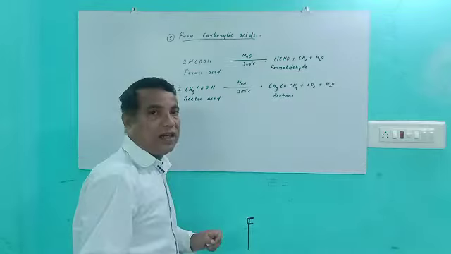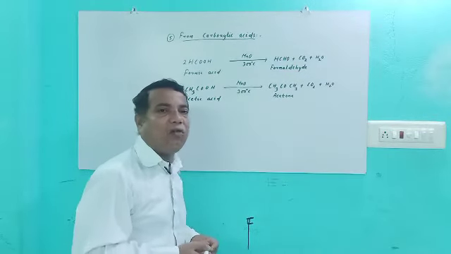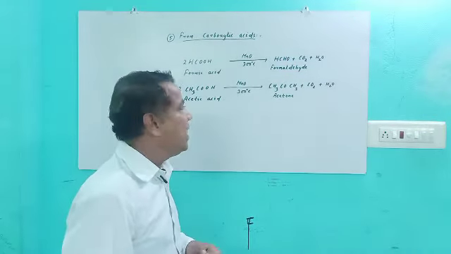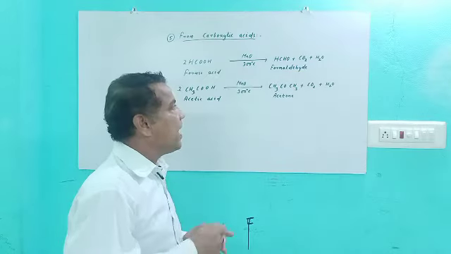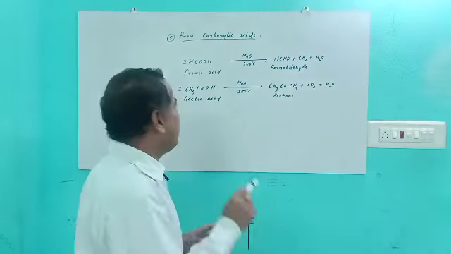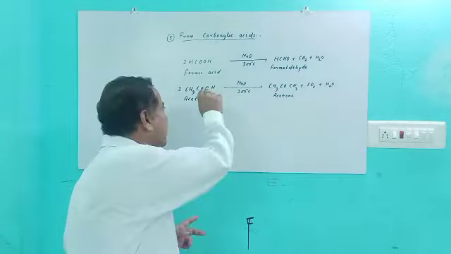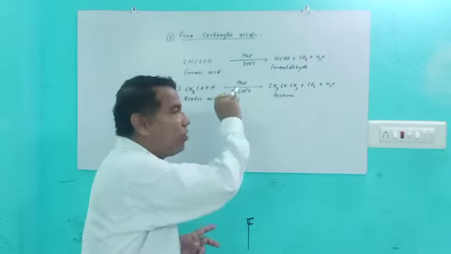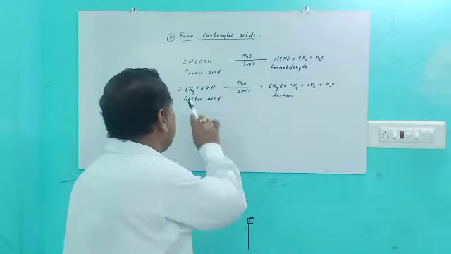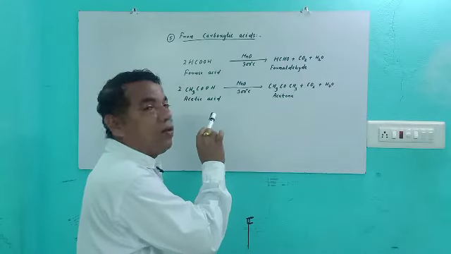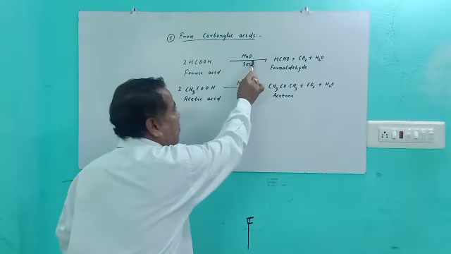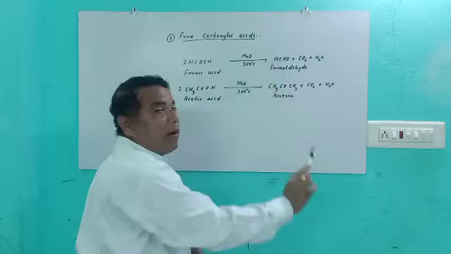Similarly, when a carboxylic acid is passed over manganese oxide at 300 degrees centigrade, an aldehyde or a ketone can be formed, depending upon the nature of the carboxylic acid you take. If you take formic acid, formaldehyde is formed.